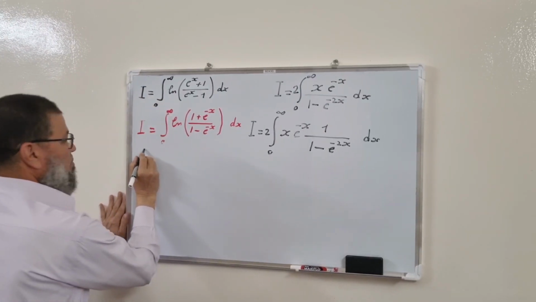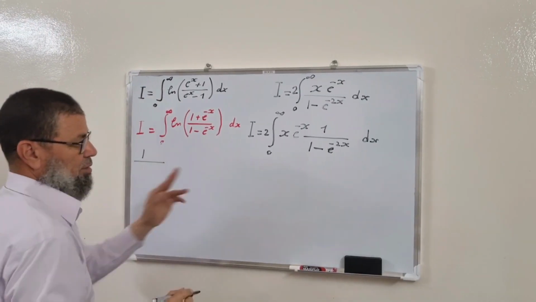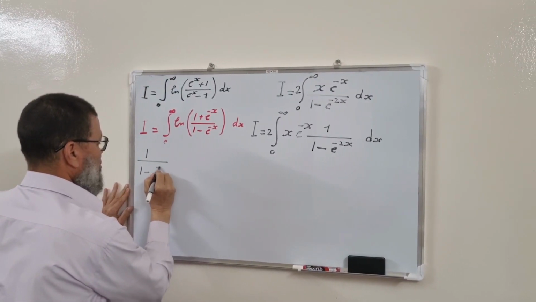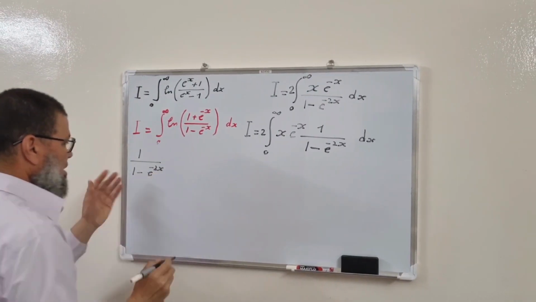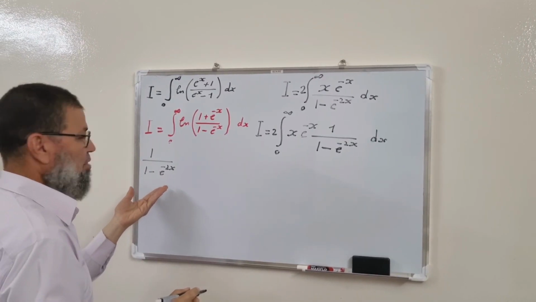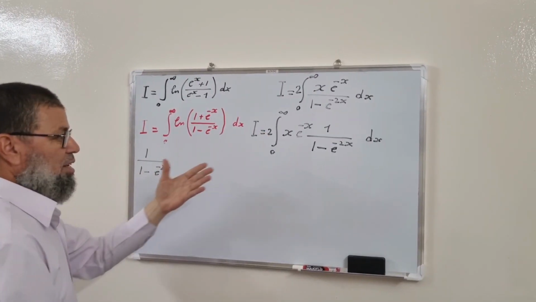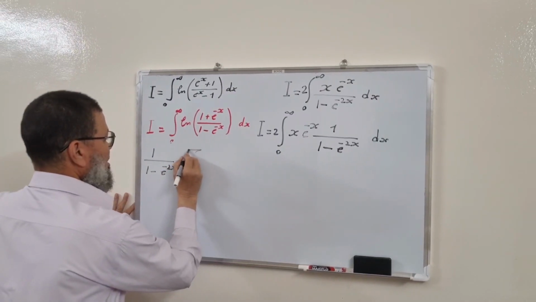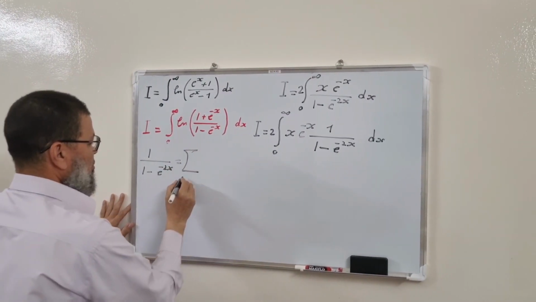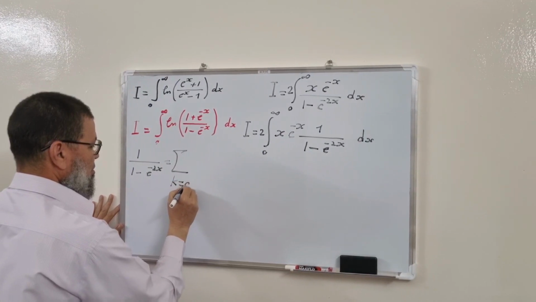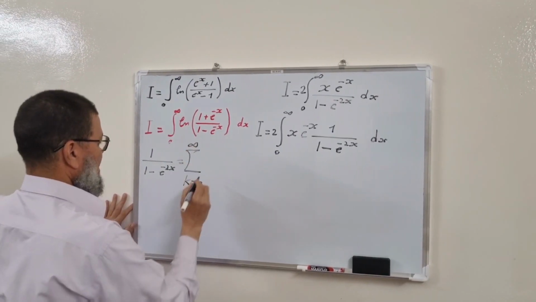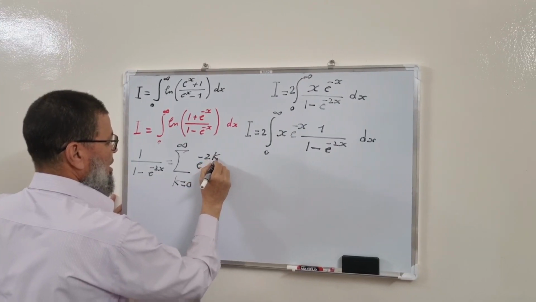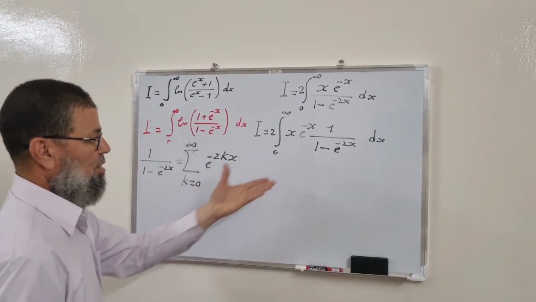1 divided by (1 minus e^(−2x)). This will be an infinite series, equal to the summation from k equals 0 to infinity of e^(−2kx).